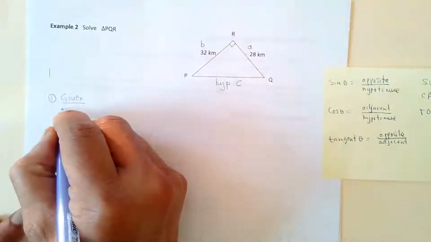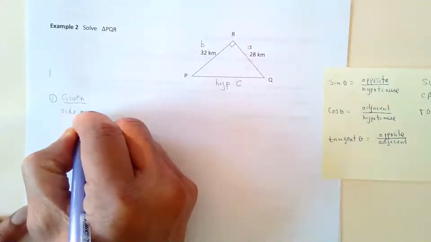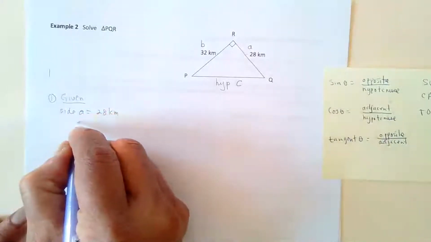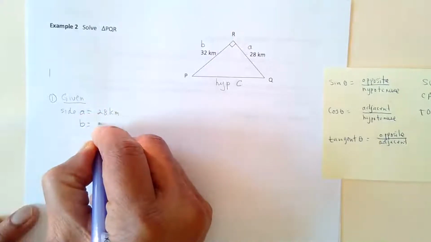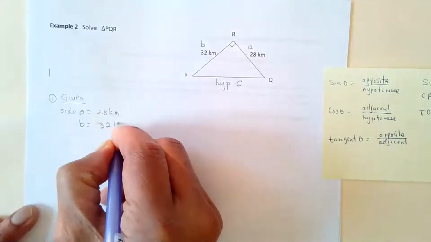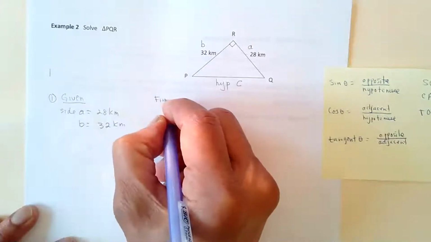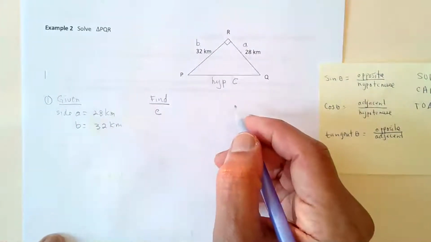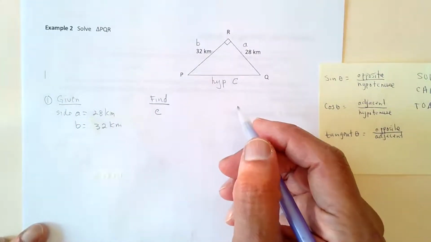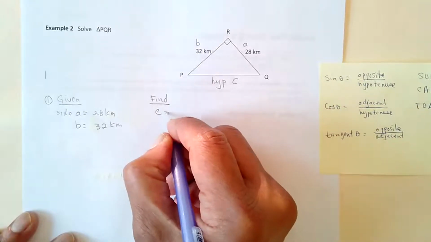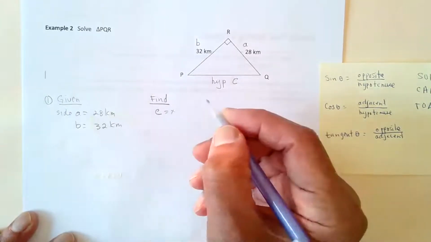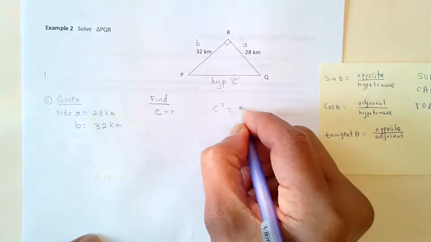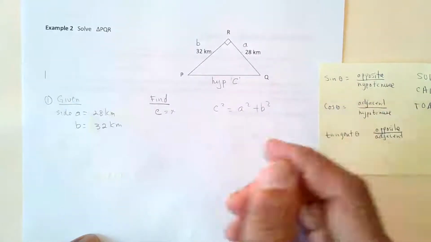So given side A, which is 28 kilometers, we have side B, which is 32, and I'm asked to find side C, which we don't know. So this is where I'll apply the Pythagorean theorem. So we have C squared is equal to A squared plus B squared.